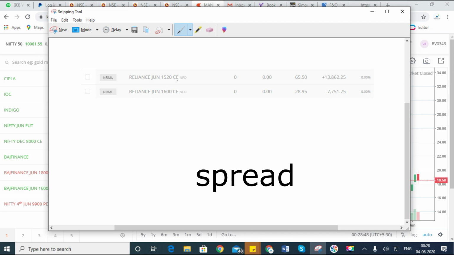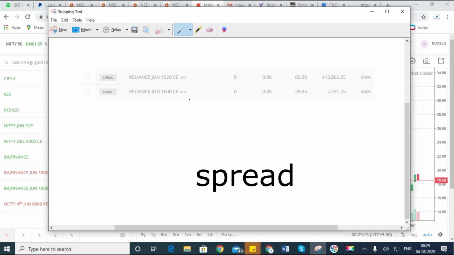This spread is called a bull call spread. We bought the 1520 call and sold the 1600 call. We have also shared the Reliance levels time and again over social media and other channels. Today when Reliance touched around the 1550 and 1560 zones, that was a supply zone.